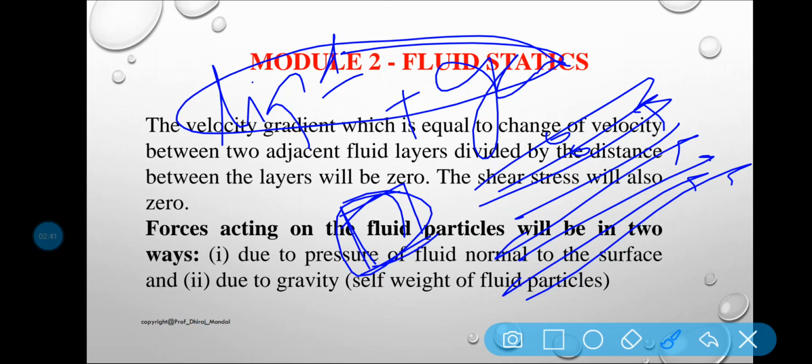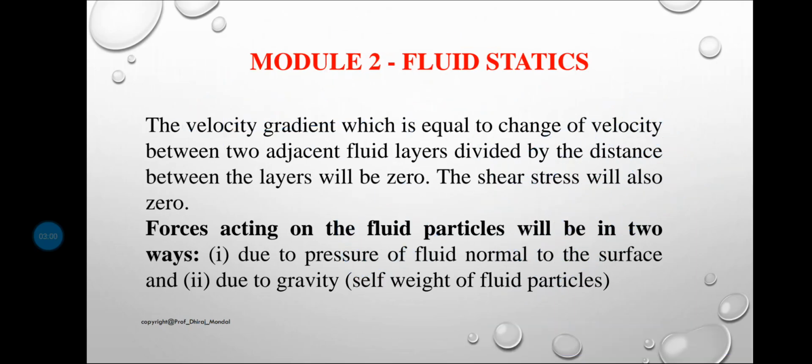The velocity gradient, which is equal to the change of velocity between two adjacent fluid layers divided by the distance between the layers, will be 0. That means velocity gradient means what? du/dy.